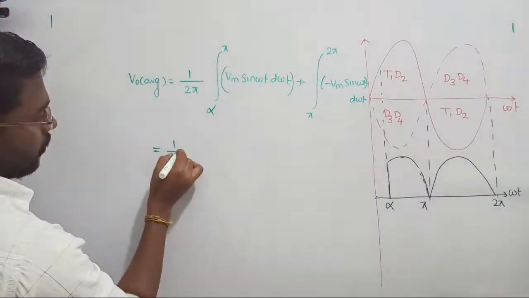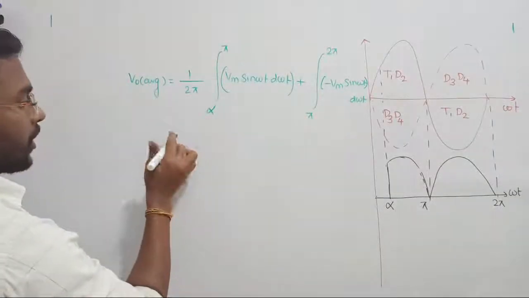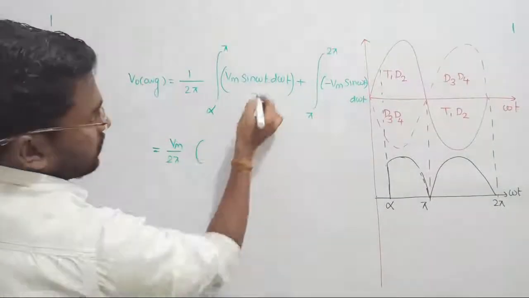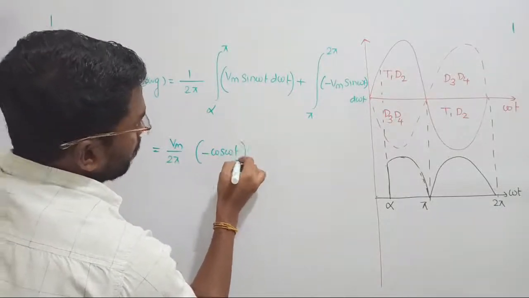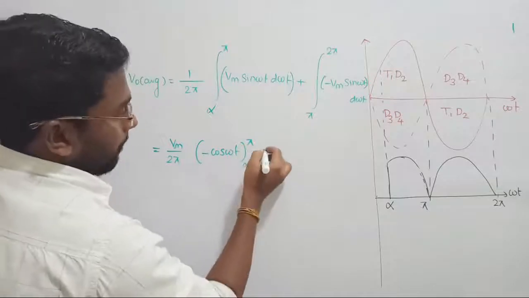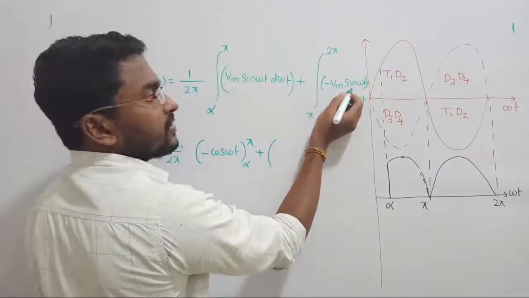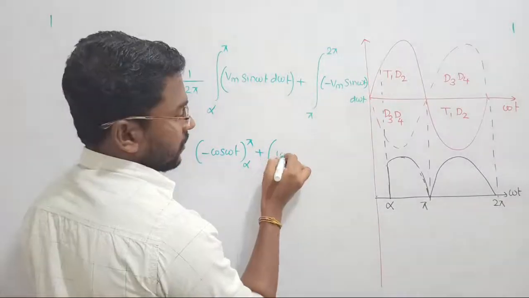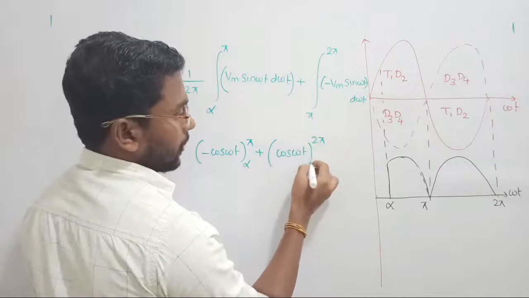Reducing, we are getting 1 by 2 pi. Anyway, Vm is common everywhere. I can take it out. First, cos omega t reduces to minus cos omega t, with limits from alpha to pi. Plus here, if you reduce, we already have a minus, and integrating sin gives one more minus, such that it becomes plus cos omega t, with limits from 2 pi to pi.